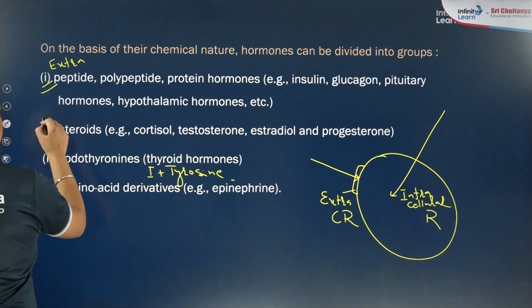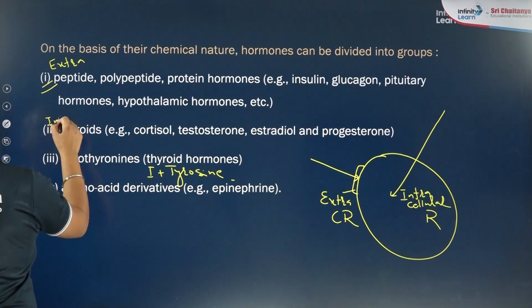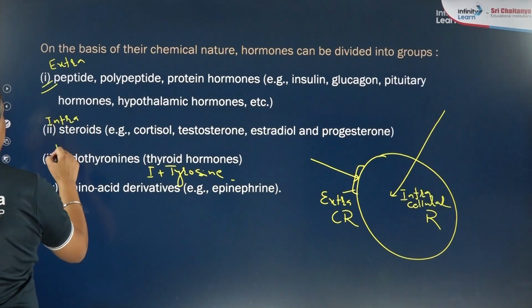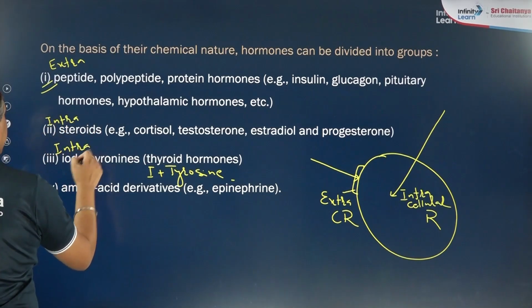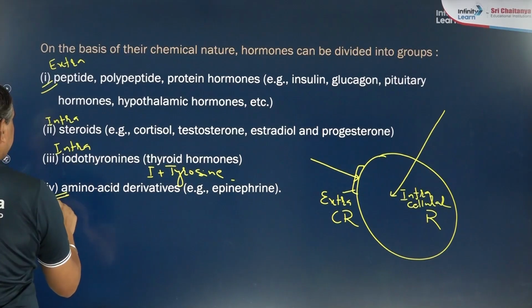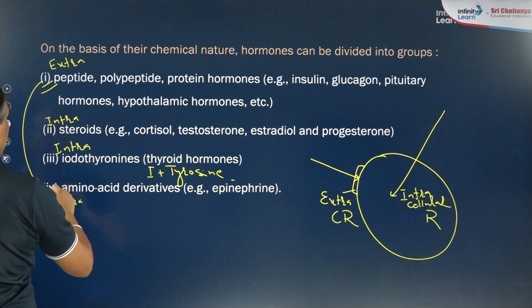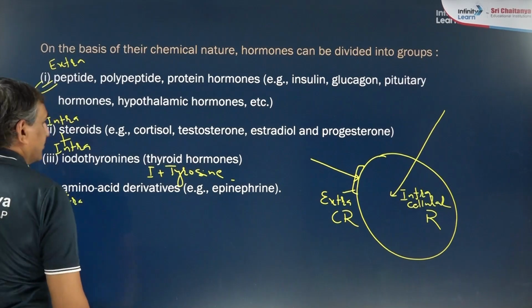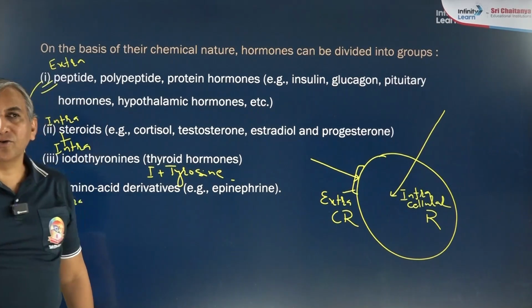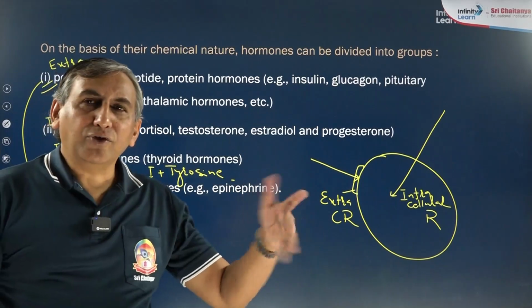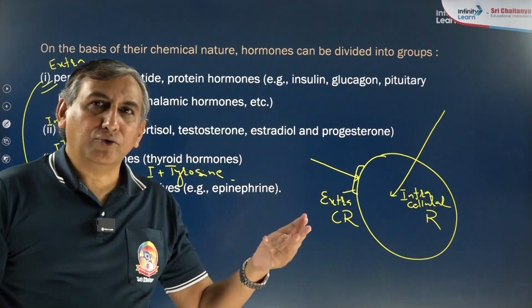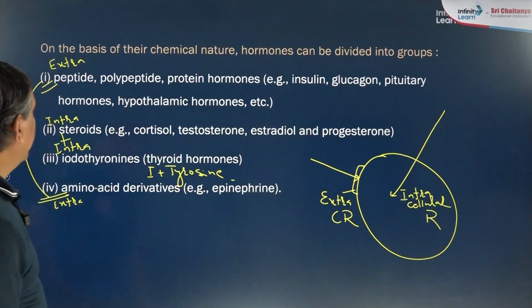This is one, that is intracellular. This is one, that is intracellular. This is one, that is extracellular. 1 and 4, 2 and 3 are the same on the basis of function. So always keep in mind 1, 4, 2, 3.